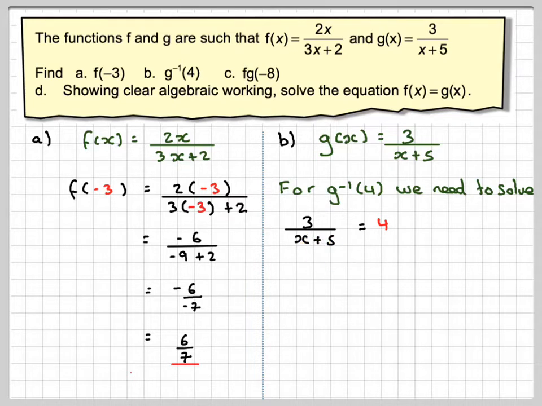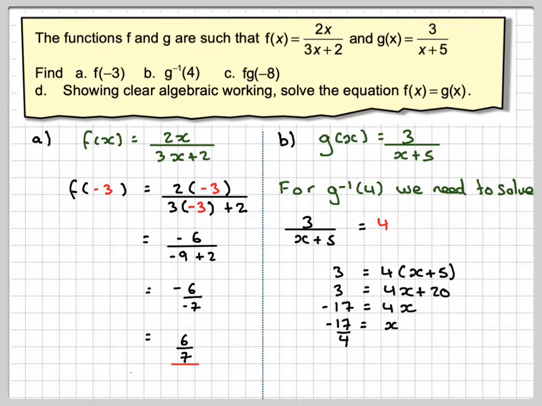Multiplying up, we get 3 is equal to 4 times x plus 5. Expanding the bracket, we get 3 is equal to 4x plus 20. Subtracting 20, we get minus 17 is equal to 4x. Dividing by 4, we get that x is minus 17 over 4. So g to the minus 1 of 4 is equal to minus 17 over 4.